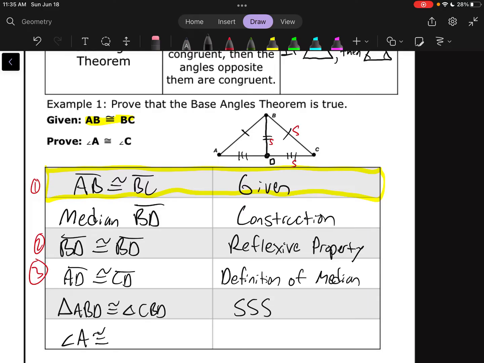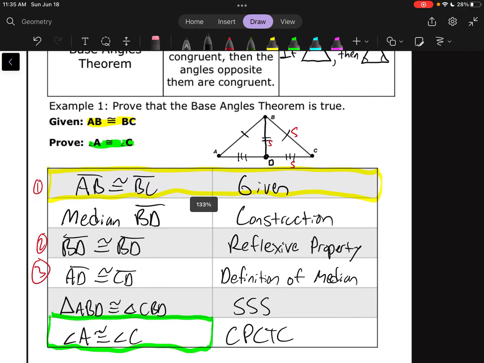So angle A must be congruent to angle C by CPCTC. So that is the rationale behind why the base angles theorem is always true. You can always split it into two congruent triangles and prove that the triangles are congruent, and that means that those base angles must be congruent.